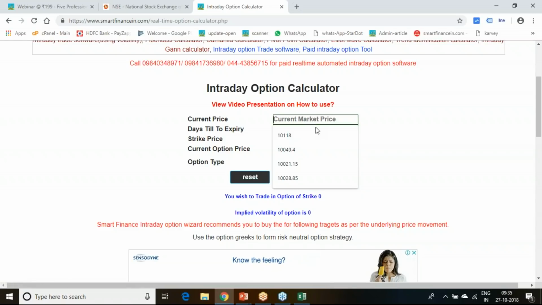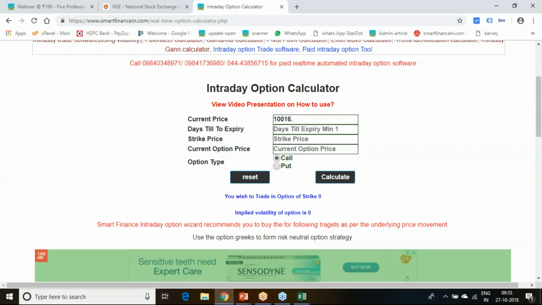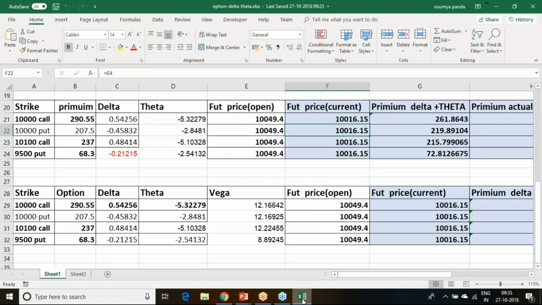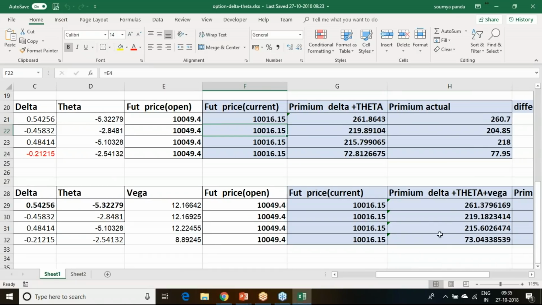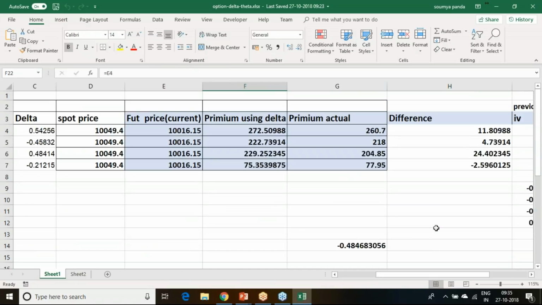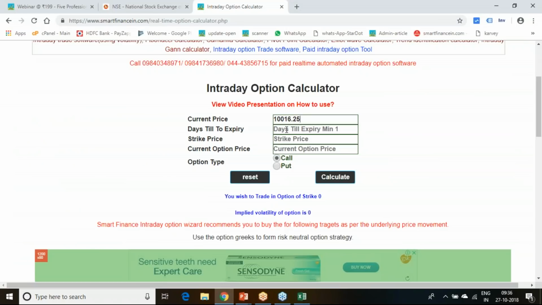So I am going to put in the information we recently saw: 10,016.15, and we are going for the call option of 10,100.